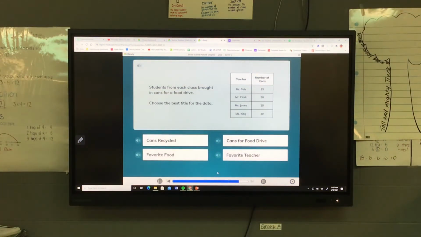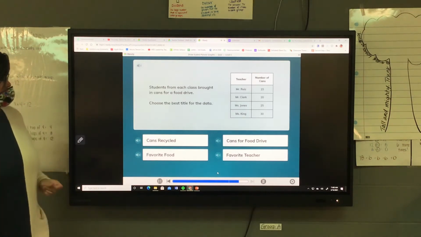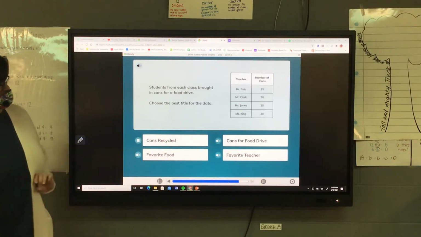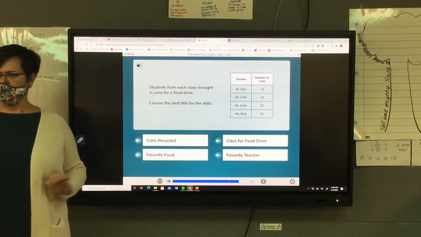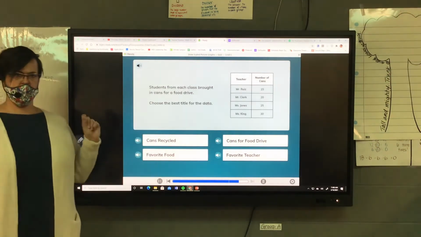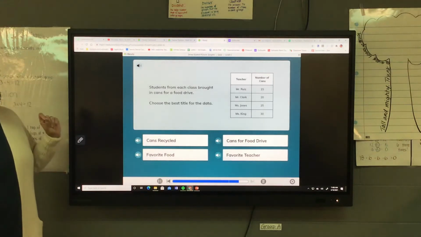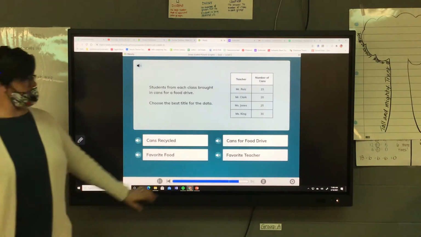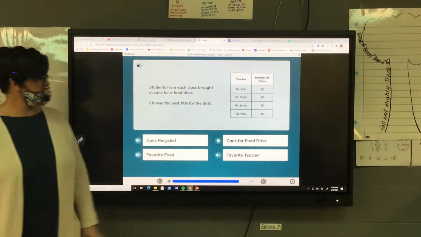Students from each class brought in cans for a food drive. Choose the best title for the data. Cans recycled. Is that a good title for this? Favorite food. Cans for food drive.